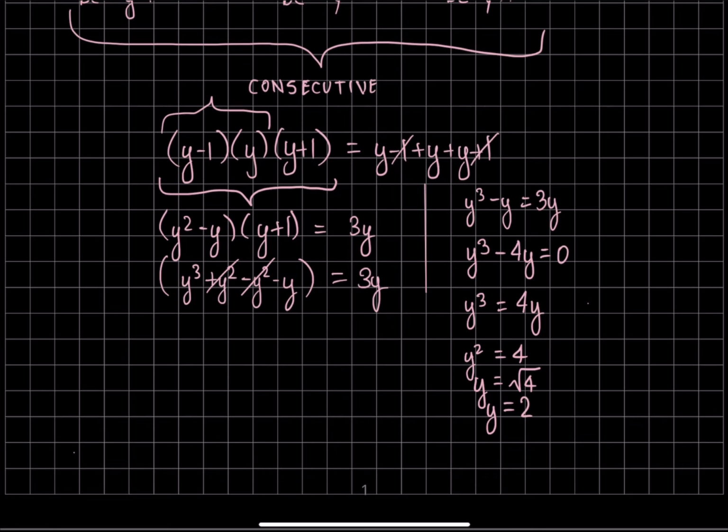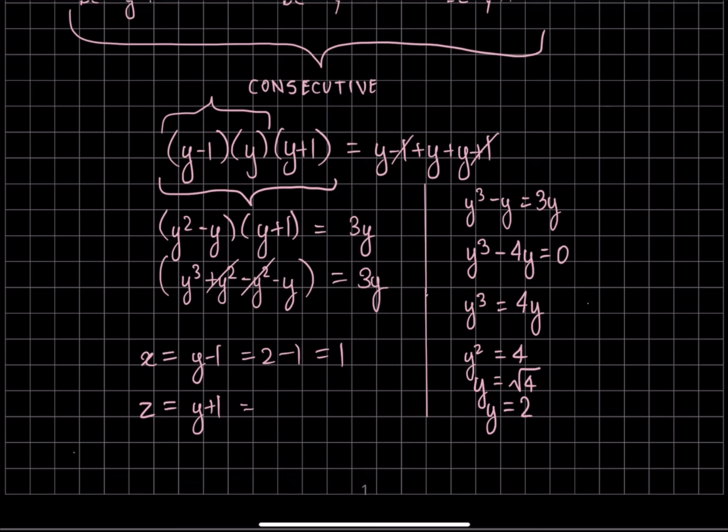So now we have to find our values for x and z. What is x again? x is equal to y minus 1, and z is equal to y plus 1. So y minus 1 gives us 2 minus 1, which is 1.